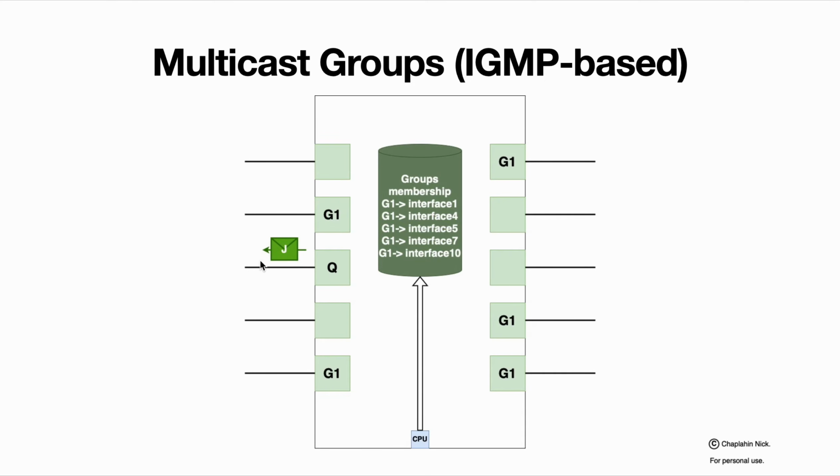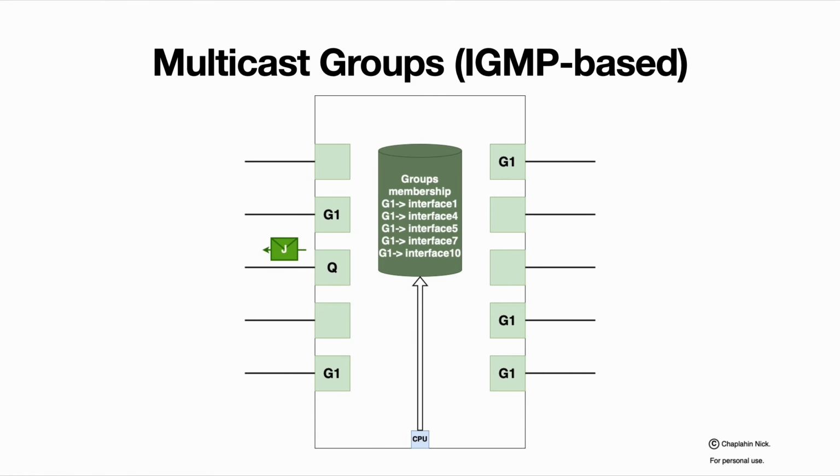Also, we send a join from our system towards the source, saying that I am interested in receiving this multicast information because there is someone who wants to receive it through this device, so this device needs to receive it too.